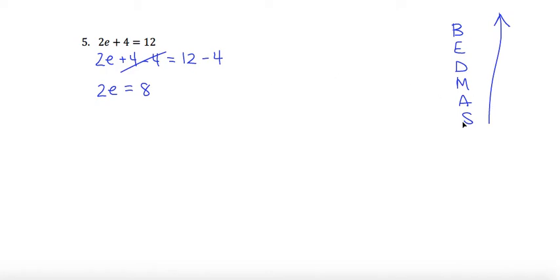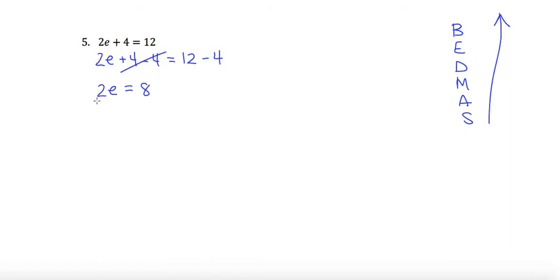So we've done subtraction, we've done addition, so now we're moving on to multiplication. Am I multiplying anything by my e? Absolutely. The 2e means 2 times e, so I have to do the opposite of multiplication, which is dividing. So I'm going to divide both sides by 2.